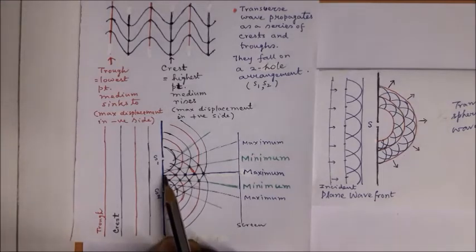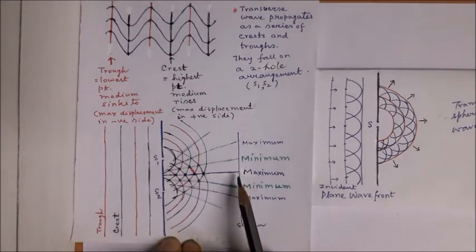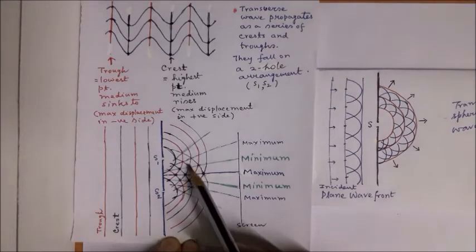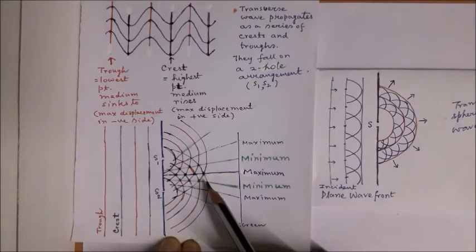If we proceed along this line, we find that at this point there is superposition of the trough of S1 with the trough of S2. Here we have superposition of the crest of S1 with the crest of S2, while at this point again troughs of both meet, and at this point crests of both sources meet.